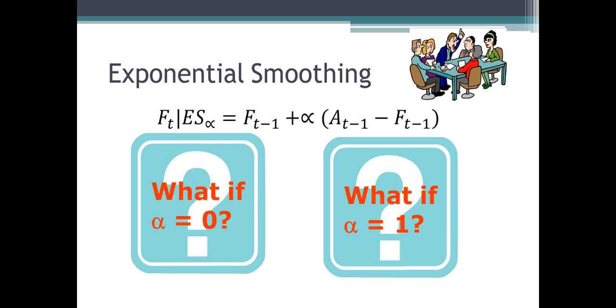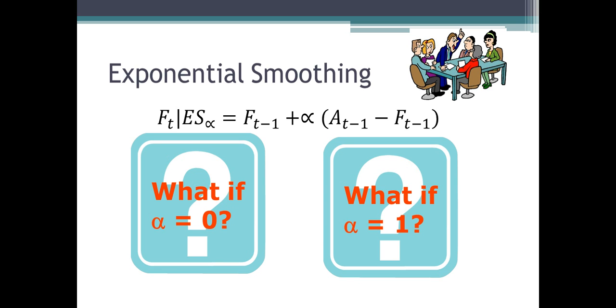So whenever you have an alpha value of 1, you have essentially returned to that idea of I'm only going to look at the last actual value. I'm not going to look at data points before that, and I'm going to be completely responsive to what is going on in the market.